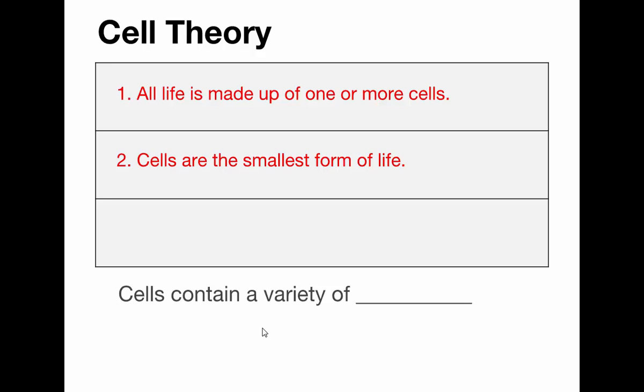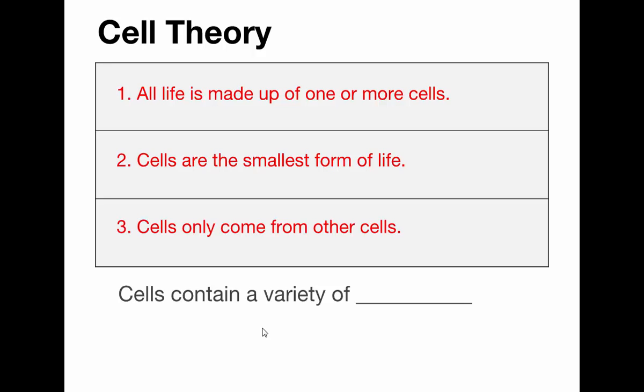And the third part has to do with where cells come from. Can you guess the answer to that? Where do cells come from? Bacteria. Well, they can, but where do our cells come from? Our body. Other cells.